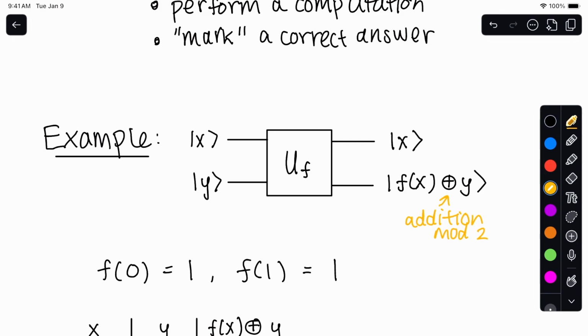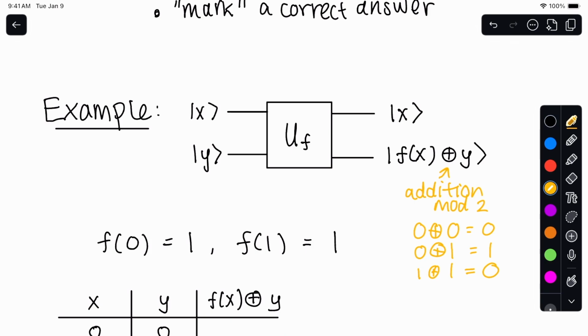That just means, for instance, 0 plus 0 is 0. If one of them is 1, it's 1. If both of them are 1, it becomes 0 again. So basically, this oracle encodes the function f, because we can back out what f of x is from the result f of x plus y.